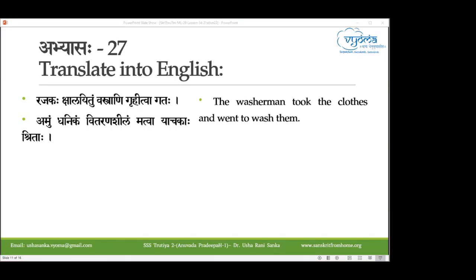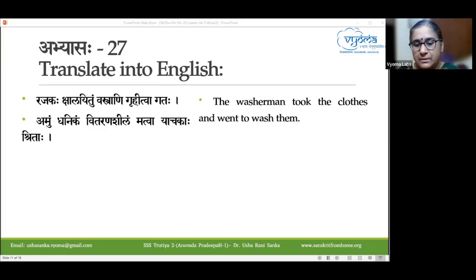Amum dhanikam vitaranashilam matva yachakaha shritaha. Knowing the distribution nature of this rich man, mendicants depended, asked, approached. But vitaranashilam is one word, not nature.